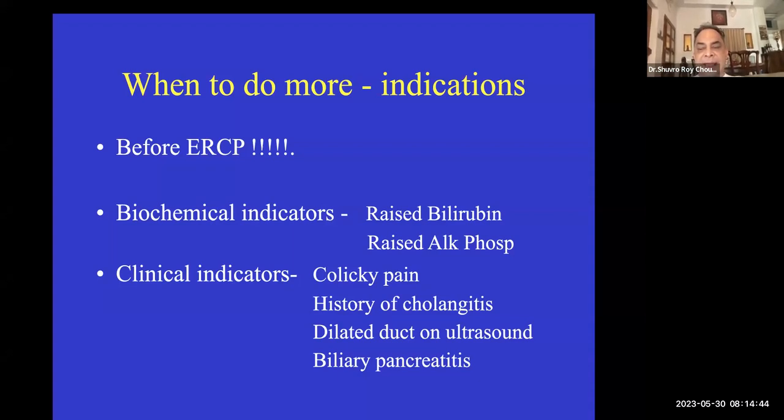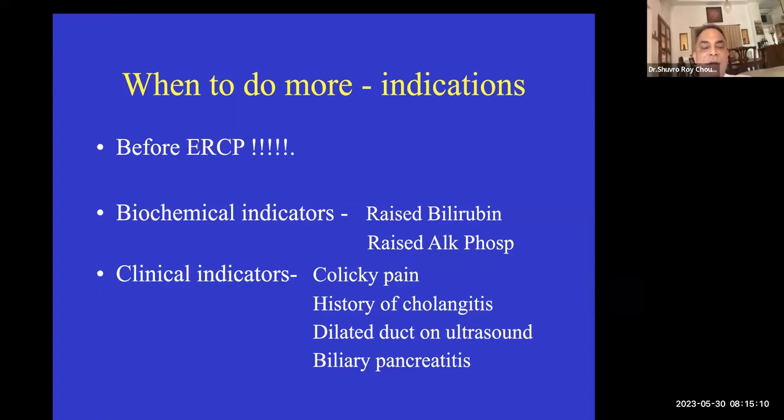Basically, the decade of the patient plus 1. So if somebody is in the 4th decade, bile duct diameter should be 5 millimeter. Above that is abnormal. 6th decade is 7 millimeter, like so. Remember that post cholecystectomy, your bile duct will dilate. So this applies to a non-post cholecystectomy bile duct, decade plus 1.